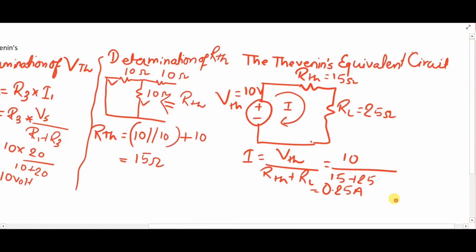Once you identify the current across the 25 ohm resistor, you can easily identify the voltage. V will be I into RL, which is equal to 0.25 into 25, and our voltage will be 6.25 volt. That's how you can identify any voltage or current using Thevenin's theorem.